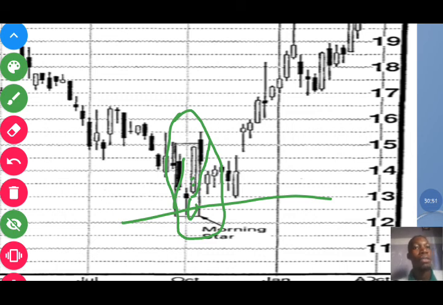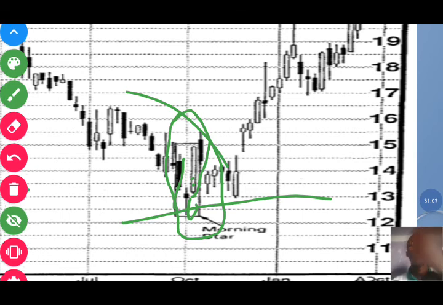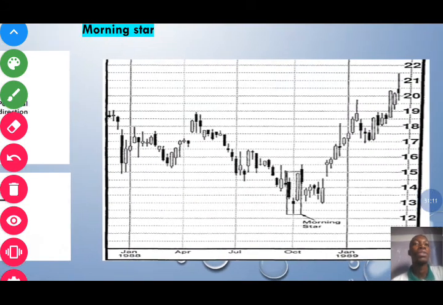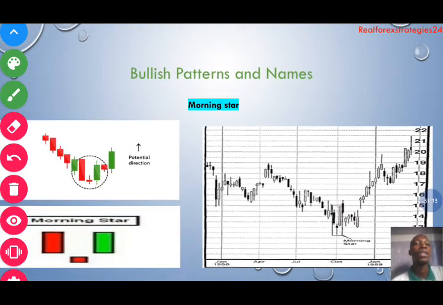You can also use the white and black chart, or the green and white chart. There are a lot of them out there. We all recognize what a morning star looks like now, so let's move on to the next slide.